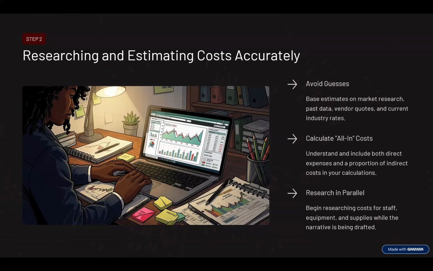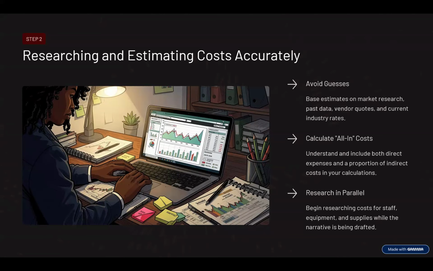It's not anything new. So you base your estimate on market research, past data, vendor quotes, and current rates. Then you calculate all-in costs. That means you should understand and include both direct and indirect costs. I will explain later the difference between direct and indirect.